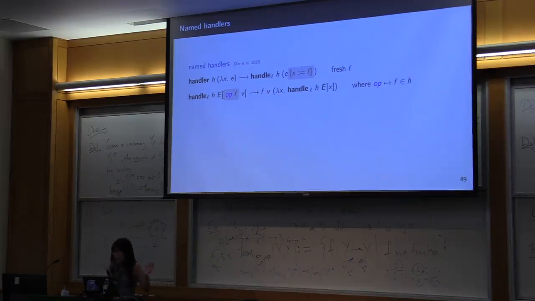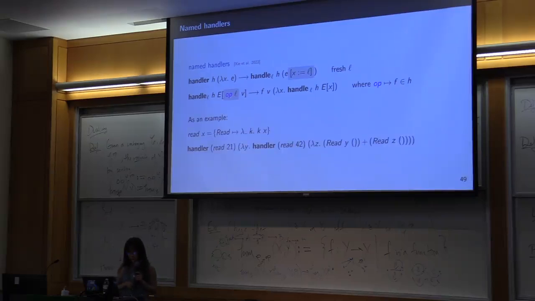There are, of course, lots of subtleties in the operational semantics as well, because you have to make sure that the name of the handler does not escape. When you search for it, it should always be available in the evaluation context. And there are higher-ranked types, basically rank 2 types, involved in the semantics to make sure names do not escape.